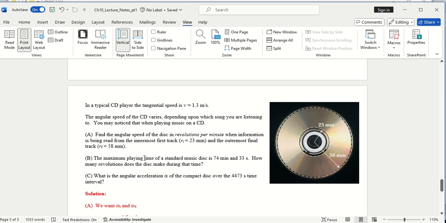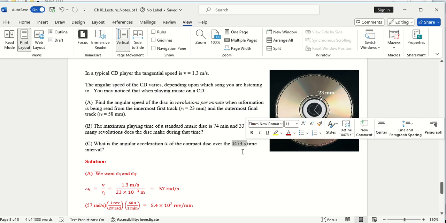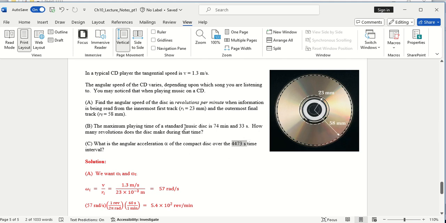Then in part B, for a standard CD, the max playing time is a little over 74 minutes, 33 seconds. How many revolutions does the disc make in that time? And over that same time period, which converts to 4,473 seconds, what is the angular acceleration of the CD during that time interval?